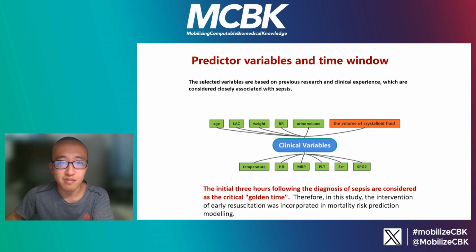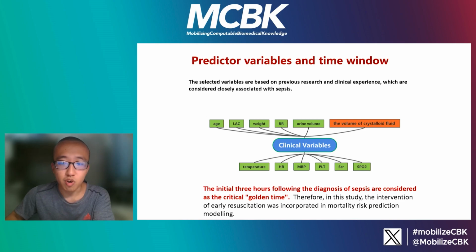in-hospital mortality. Building on previous sepsis prediction models and clinical experience, we have selected the following predictive variables for our study. The innovation in our research lies in choosing a comprehensive set of clinical variables within the first 3 hours of suspected infection, as outlined in the 2016 Surviving Sepsis Campaign Guideline.